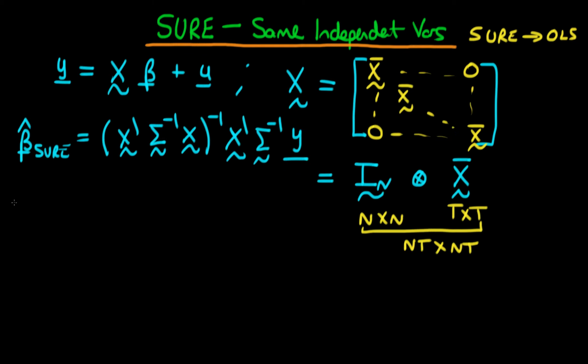And also remember that we originally defined the matrix Σ as the Kronecker product of the matrix Ω with the identity matrix with T by T dimensions.